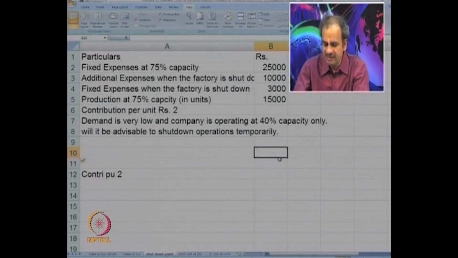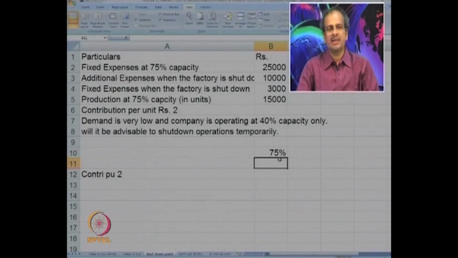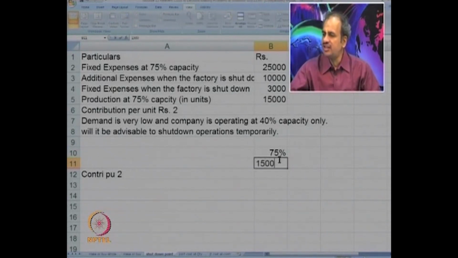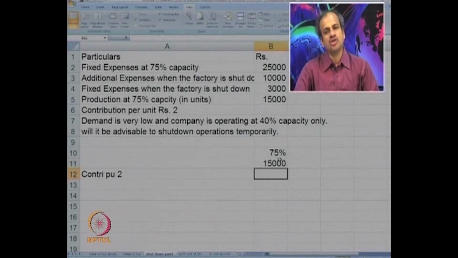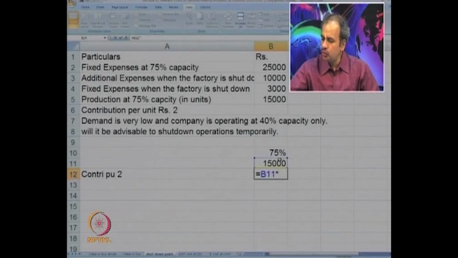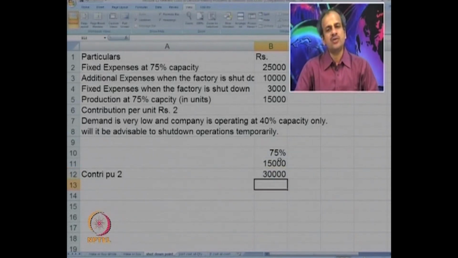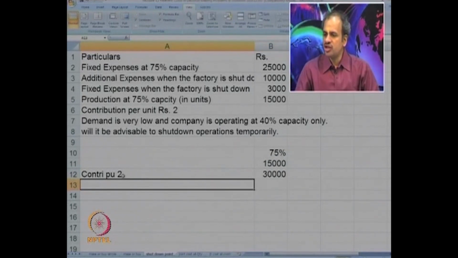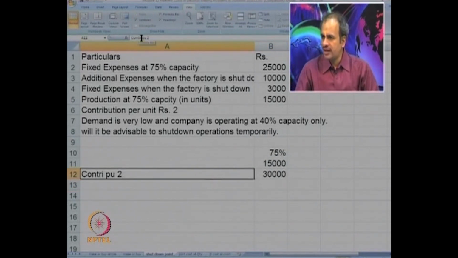Suppose we work at 75%, then how many units do we make? They have given that production at 75% capacity is 15,000. So how much contribution do we generate? 15,000 into 2. So 30,000 comes to the kitty of the company. That is the contribution. I will write in full for more clarity.